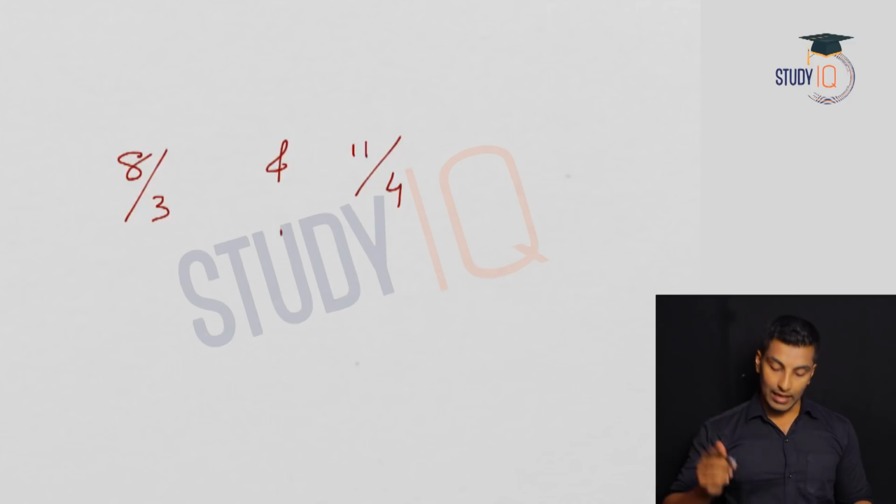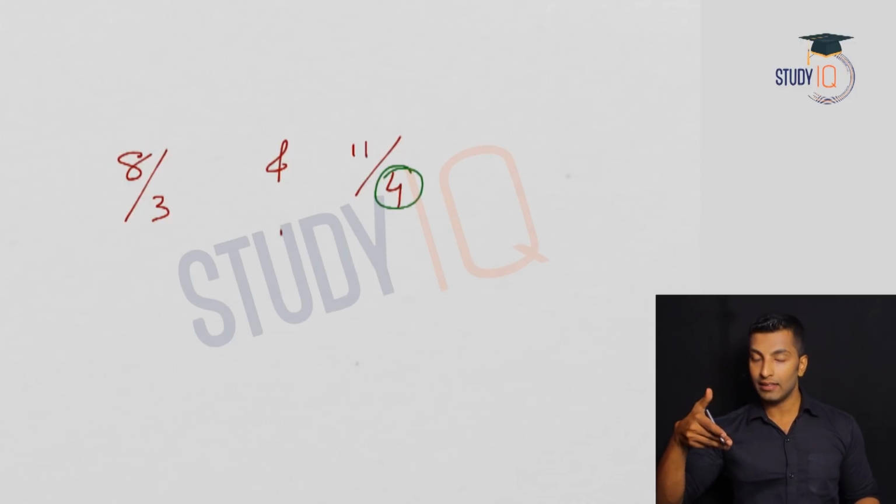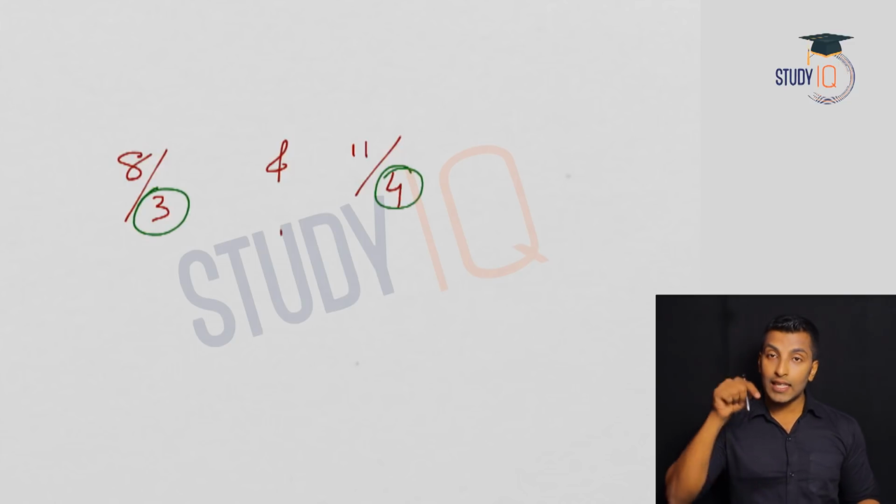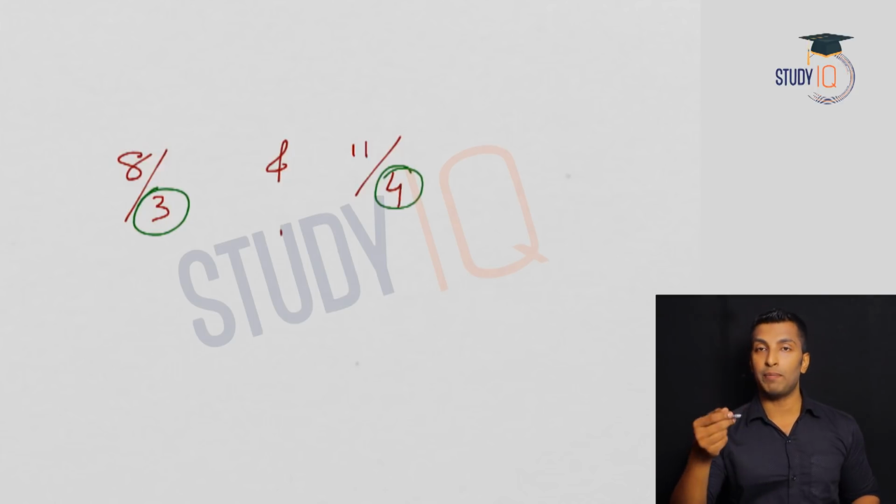So rather than doing that, what we can do here is either make this denominator 3 into 4, by dividing 4 by the required value and making the necessary change in the numerator, or you can convert this 3 to 4. Then you'll have to multiply 3 by something so that you get 4. The advantage is both denominators will be the same, and you see what the numerator is.